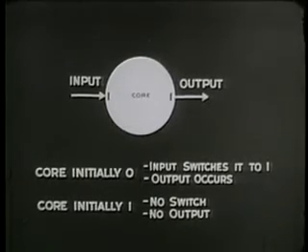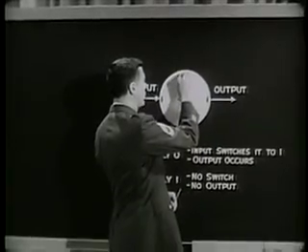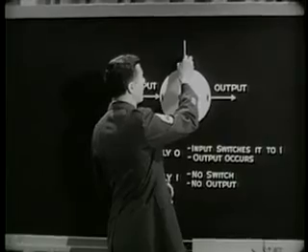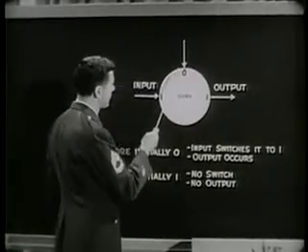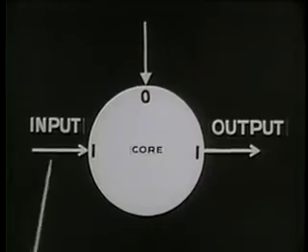Therefore, no output, since there will be no change in the flux of the core. Other symbols used for logical diagrams are just as simple. For example, if we wish to show an input that will set the core to 0 using direct current, the arrowhead is closed. In our discussion, we've been dealing with pulse current, shown by open head arrows.